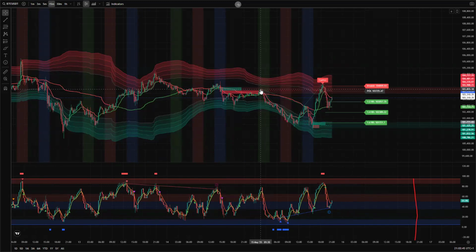Now, when we look at this trade idea for BTC, during the Asian and the London session, there was a lot of movement. The market sold from the Asian session into the London session. Distribution has happened. So you can anticipate that in the next session, which is the New York session, there will be a reversal.